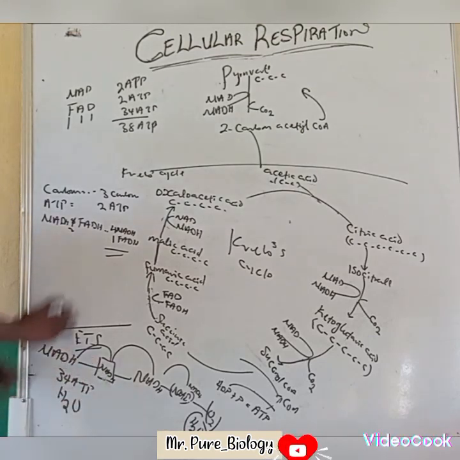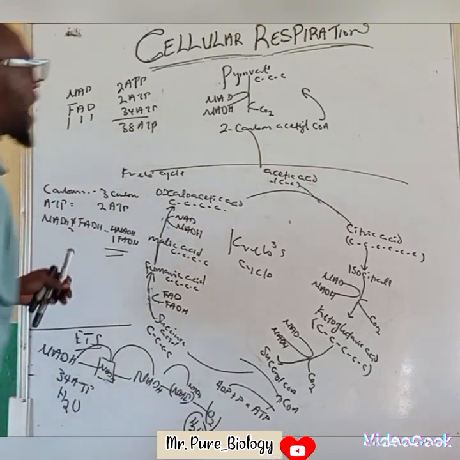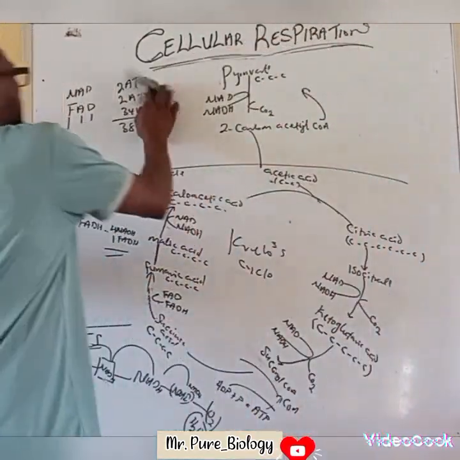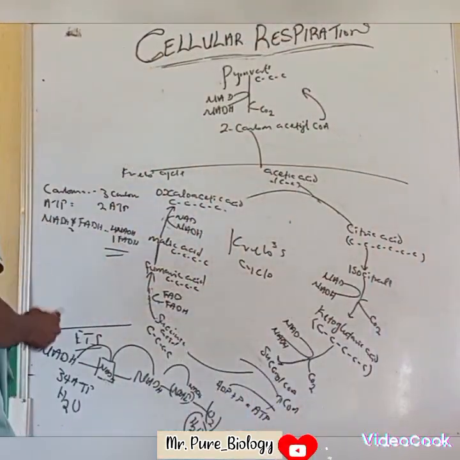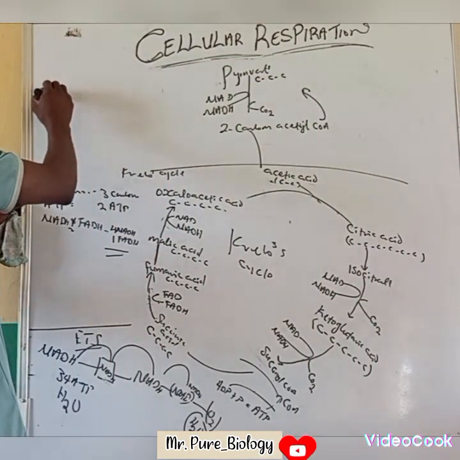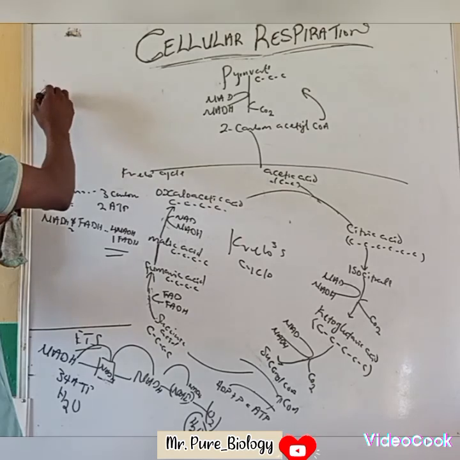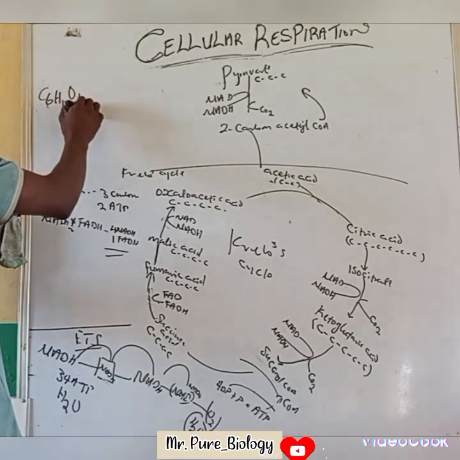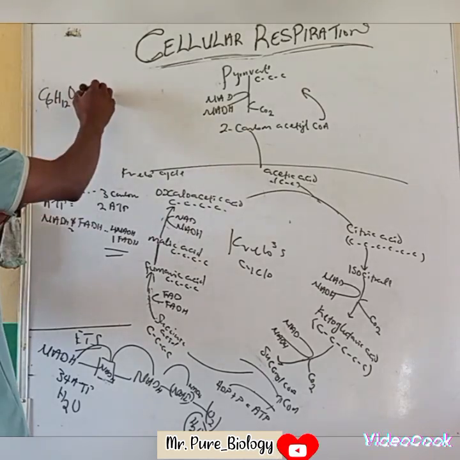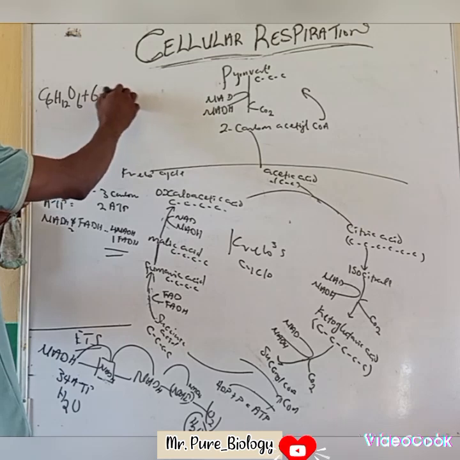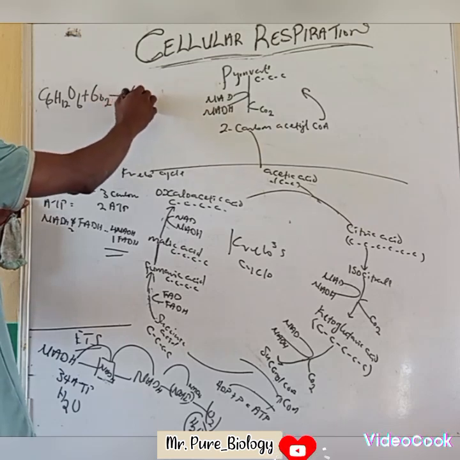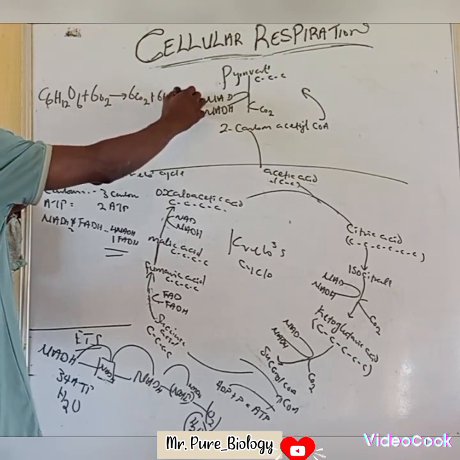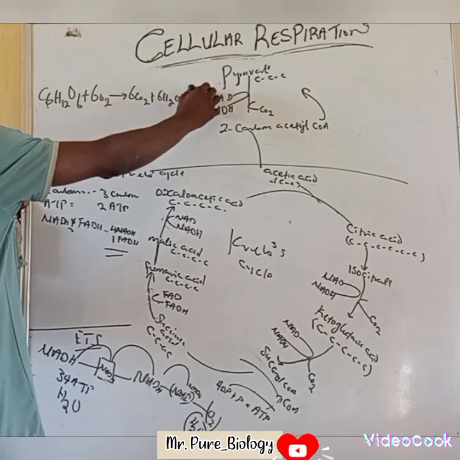So when we combine everything together, we have the summary of the equation, which is C6H12O6 plus 6O2 results in 6CO2 plus 6H2O plus 38 ATP.